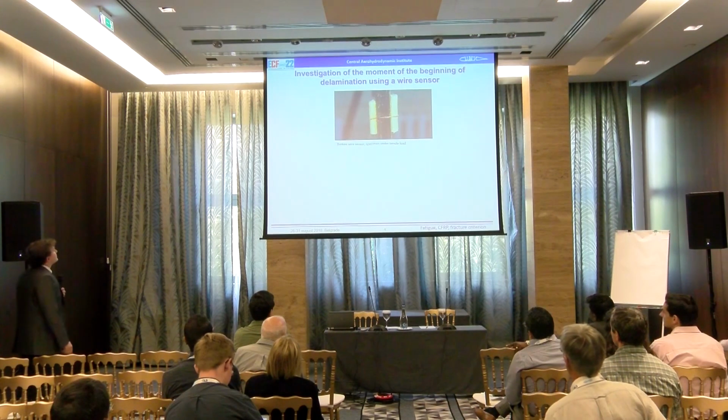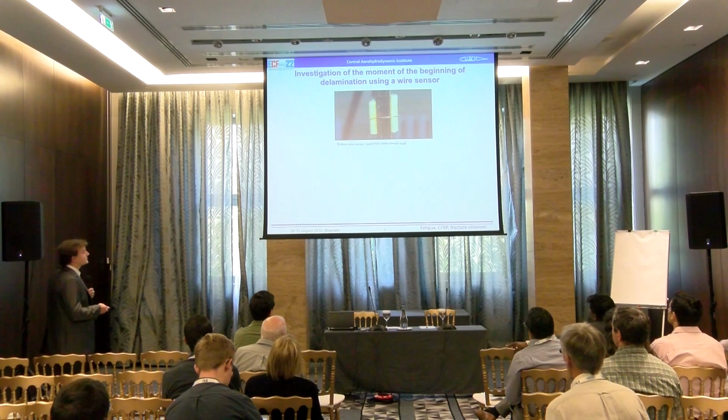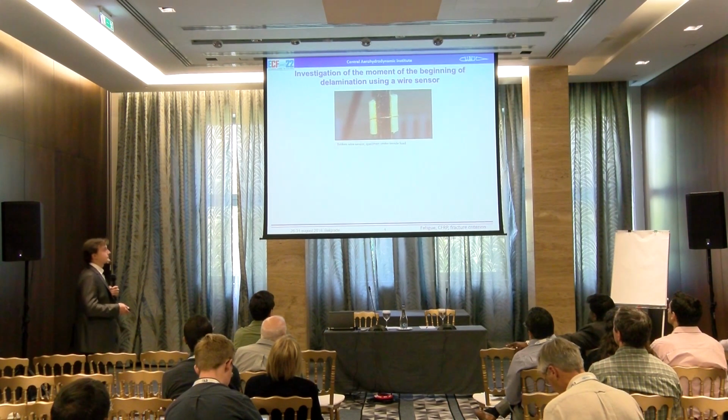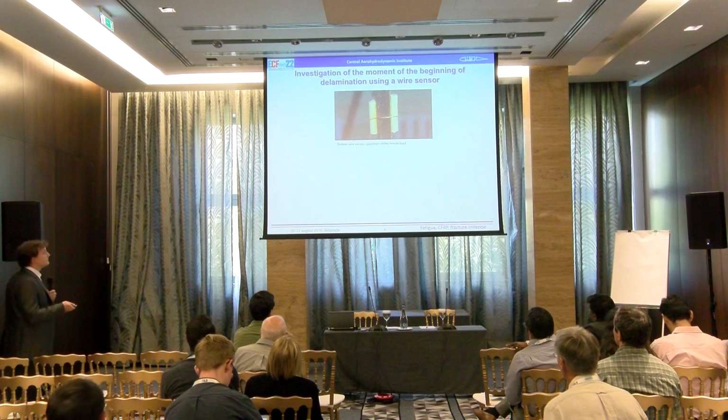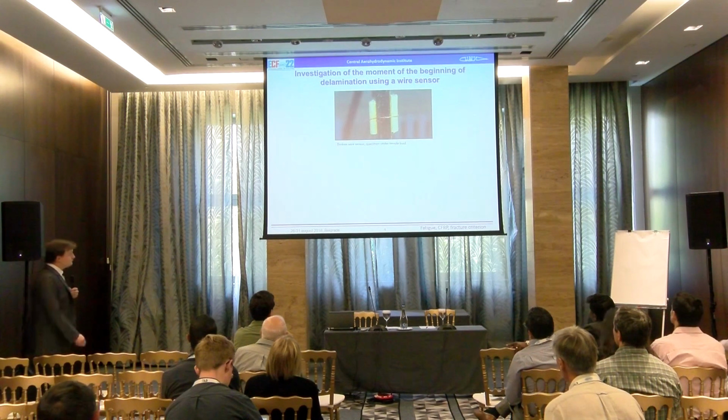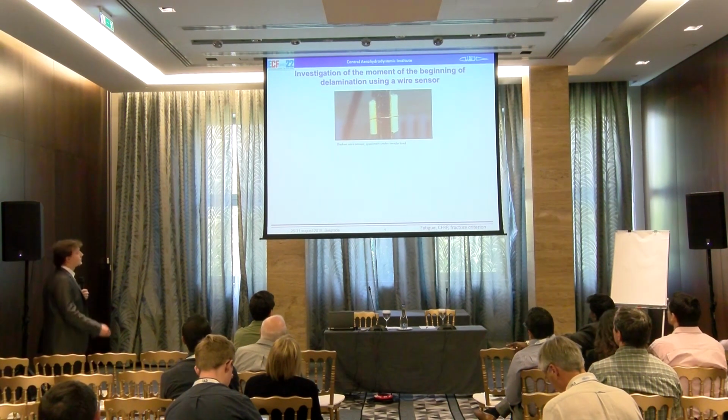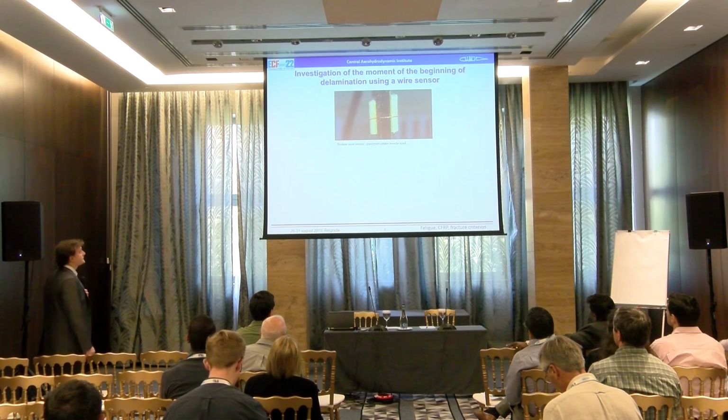Let's move to the next chapter, investigation of the moment of the beginning of delamination using a wire sensor. It is the simplest solution, that's why it was chosen at the start of the investigation of this problem. In this picture you can see a broken wire sensor on a specimen under tension.